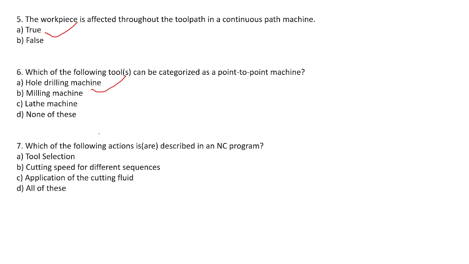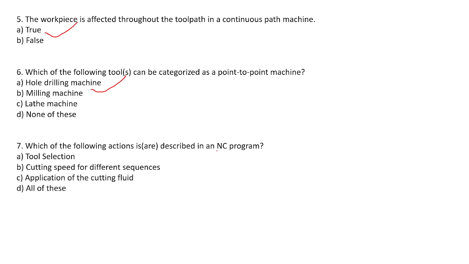And the next question is, which of the following actions are described in NC programming? All of the above. Basically, NC programming describes the sequence of actions of a controlled NC machine. It could include, but is not limited to, tool selection and tool movement, which includes direction, velocity and positioning of the tool.